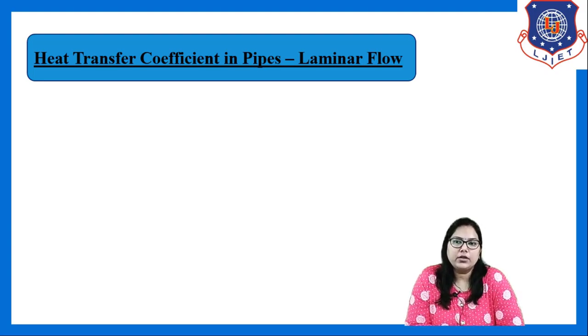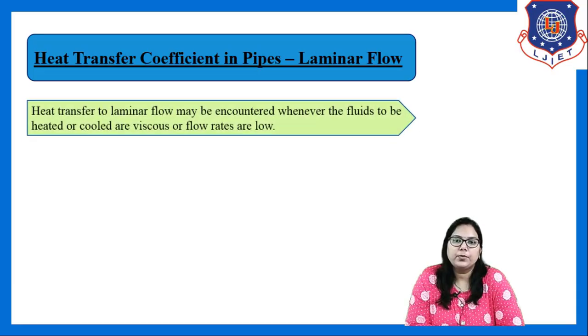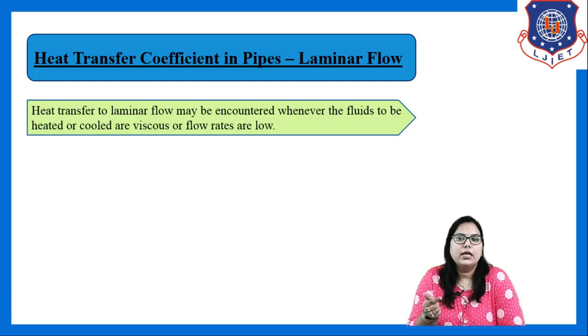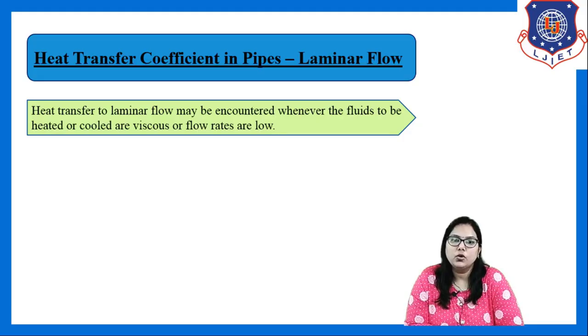For heat transfer coefficient in pipes, particularly in laminar flow, heat transfer to laminar flow may be encountered whenever the fluids to be heated or cooled are of viscous type or flow rates are low. As the flow is of laminar type, we know that the flow rates will be low.